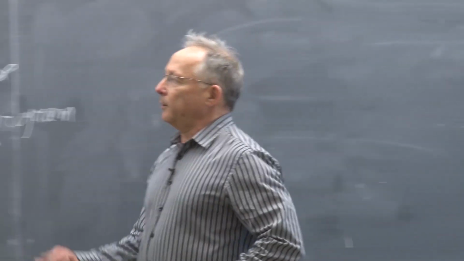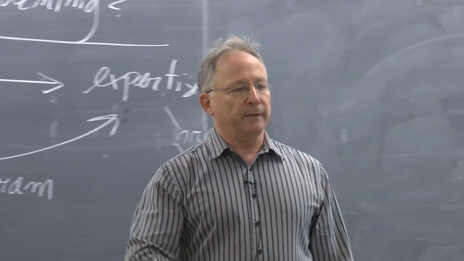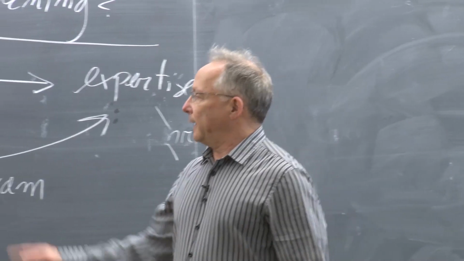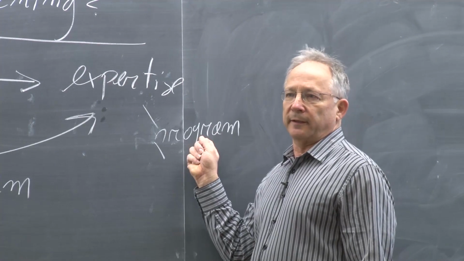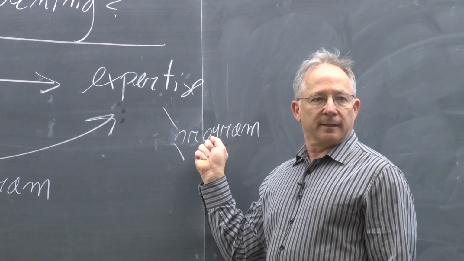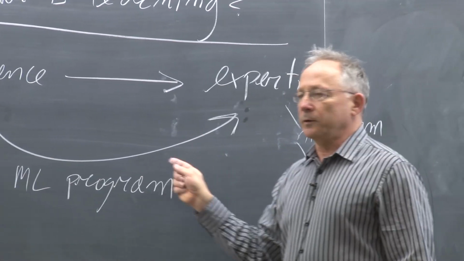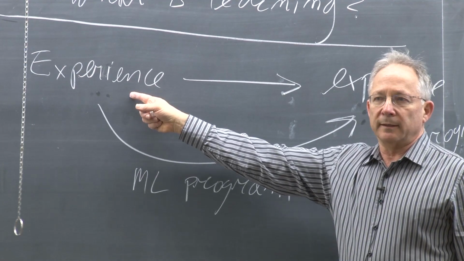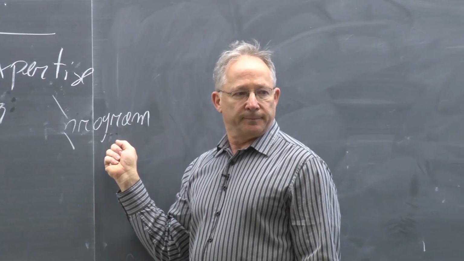So the spam filter gets experience by looking at emails that are marked whether they are spam or not. That's the input to the program. The program then comes out with another program, and this new program is the spam filter. This program, when it sees an email, marks it as spam or not spam. But the learning program is the one used to take emails that are already marked and come up with a program that is going to be the spam filter.